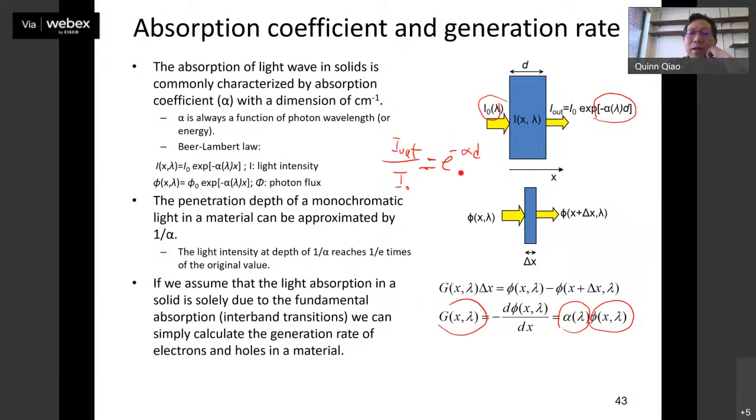Then the right side is equal to minus alpha D equals the log of I_out over I_0, and then you divide by D to get alpha. You basically just play with this.